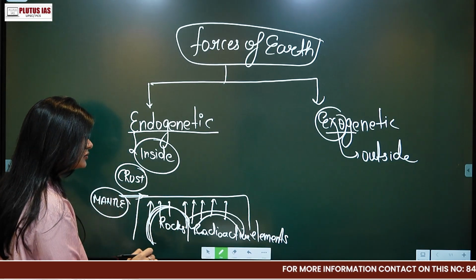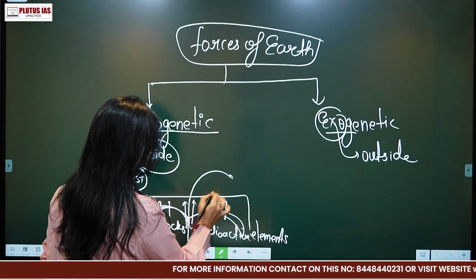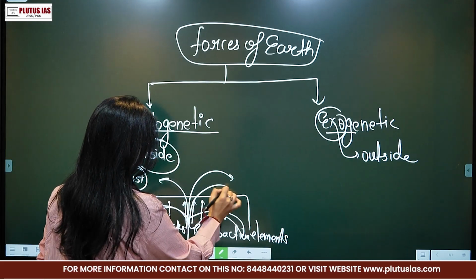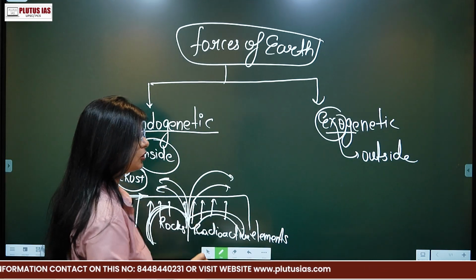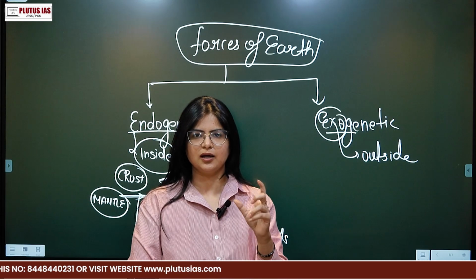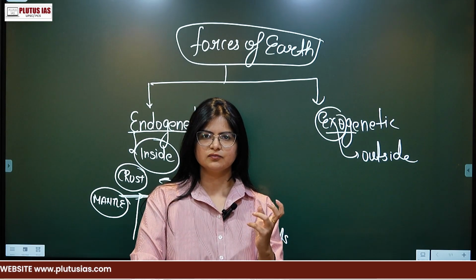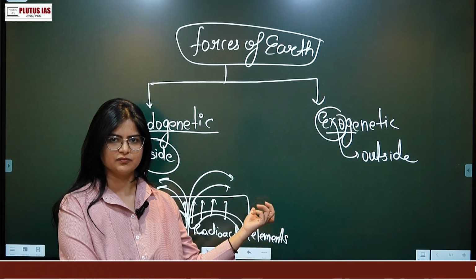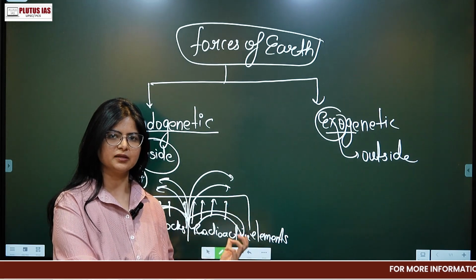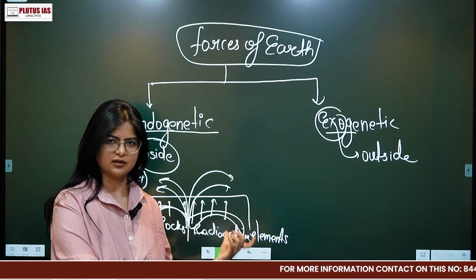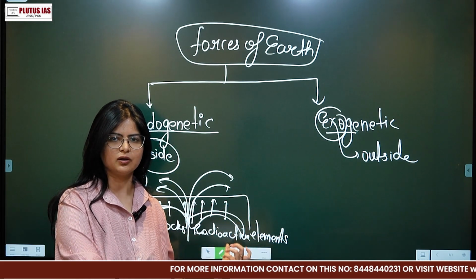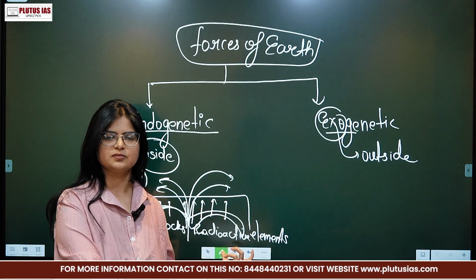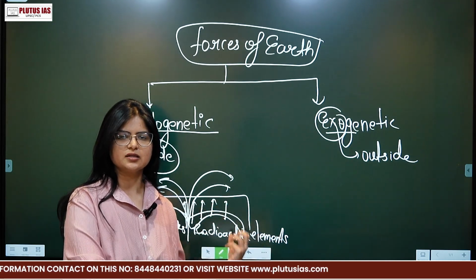Which almost results in the release of this in the form of lava. So when the lava is coming outside, where is the source of that? It is from the inside of the crust, or beneath the crust, which we call the next layer of the crust, which is mantle, from where it is emerging out.